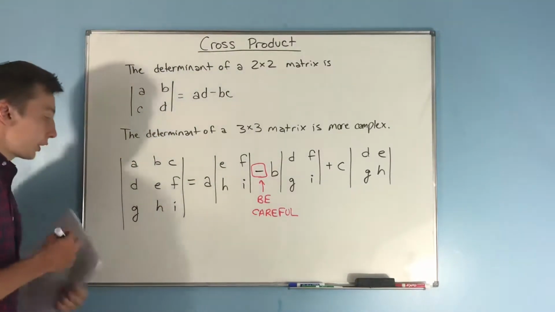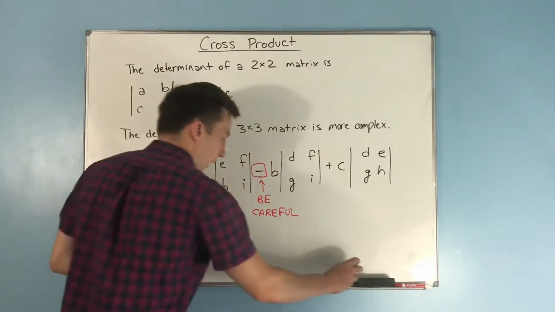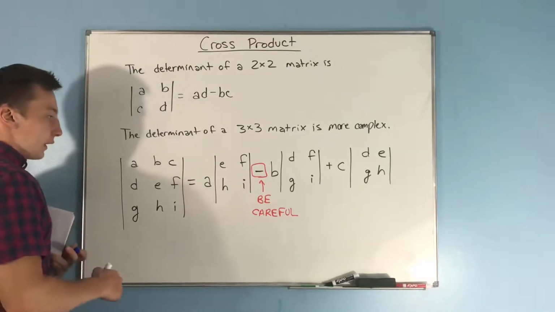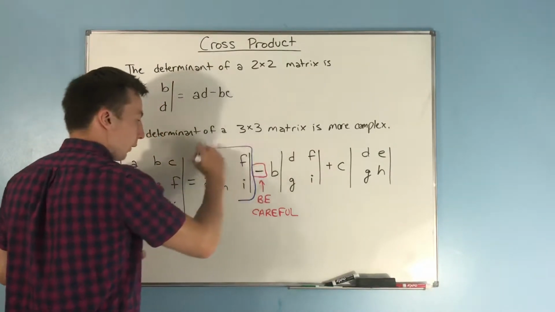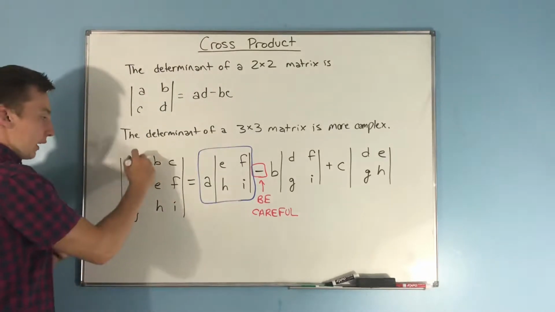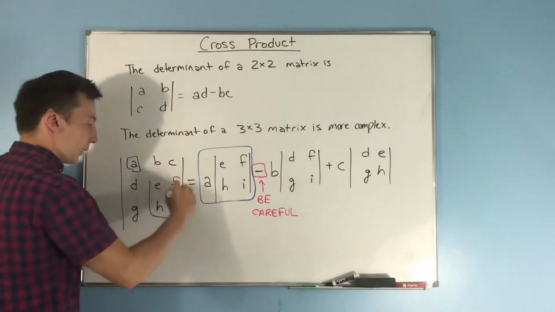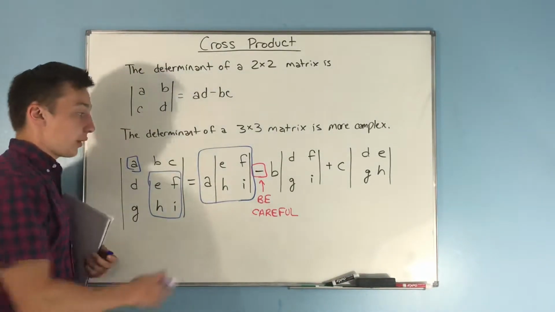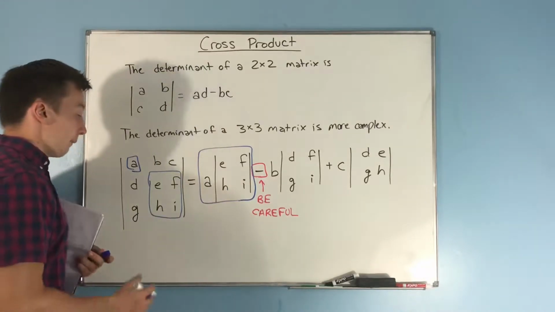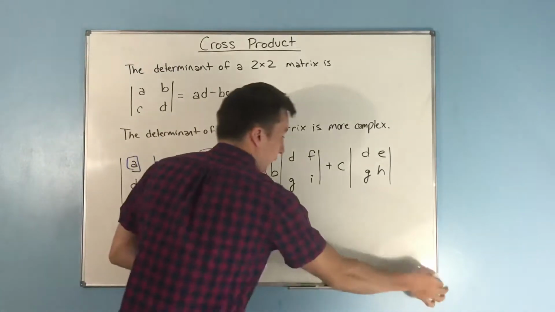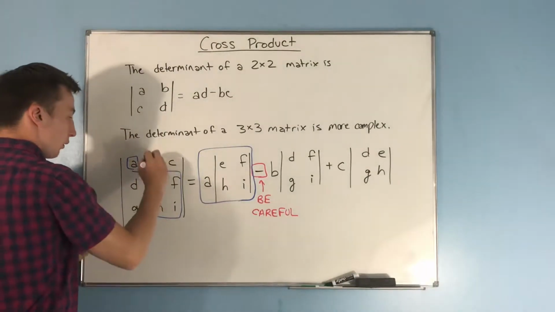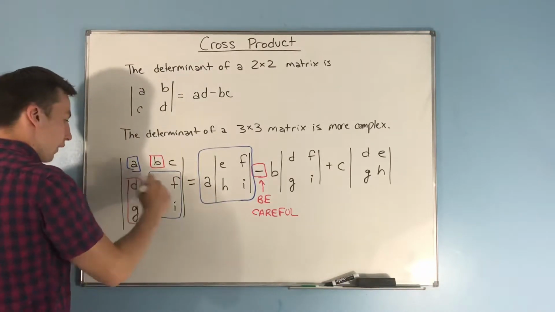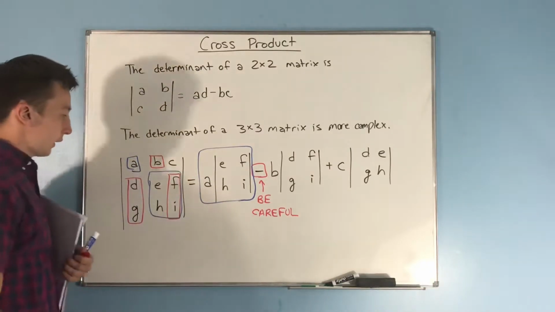Now what you have here is three terms. The first is A times the determinant of this 2x2 matrix.